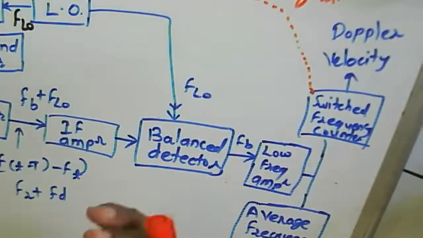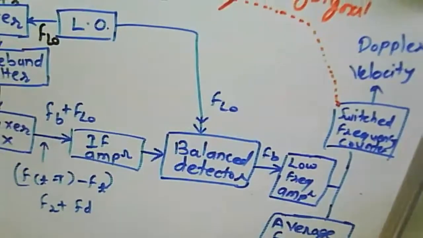Whether the signal strength will be high or low. Okay, so low frequency signal corresponds to the short range, and it has a large echo signal, means large power. That signal level will be large there.